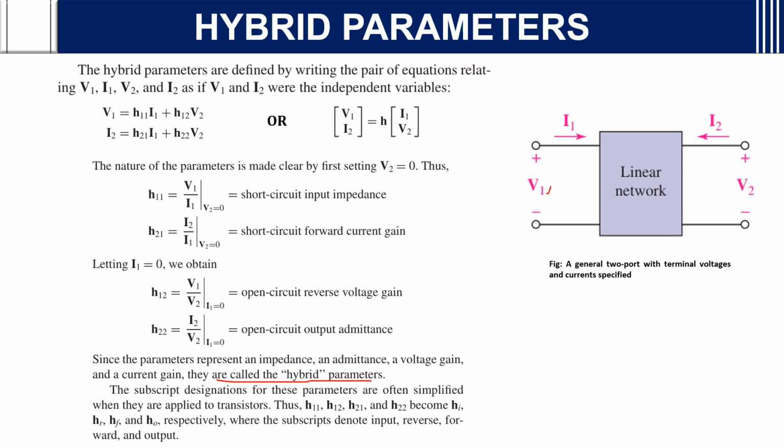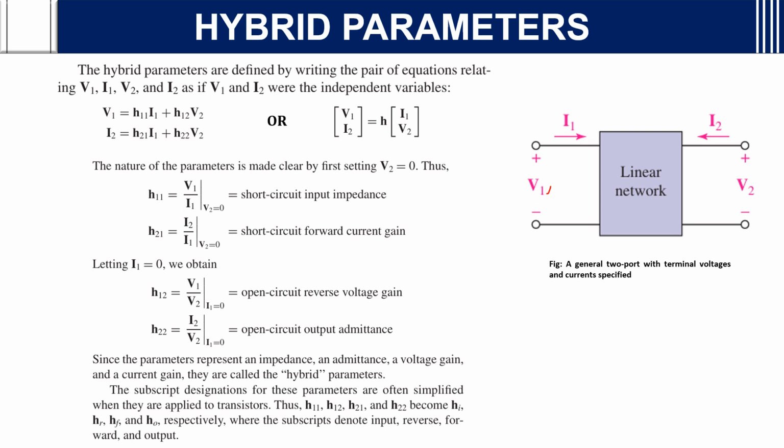Thus H11, H12, H21 and H22 become HI, HR, HF and HO respectively, where the subscripts denote: HI is input, HR is reverse, HF is forward, and HO is output.